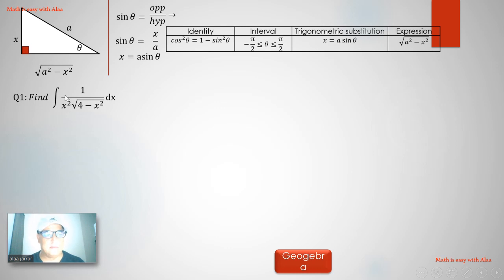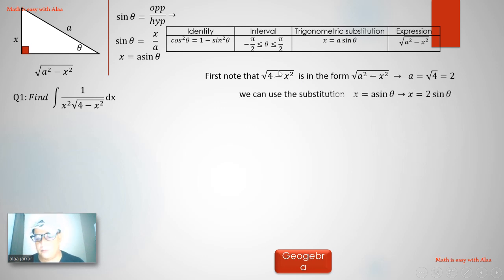Find the antiderivative of 1 over cosine squared square root of 4 minus x squared dx. Now notice that the square root of 4 minus x squared is in the form square root of a squared minus x squared. This means that a squared equal 4, for that a equal 2.